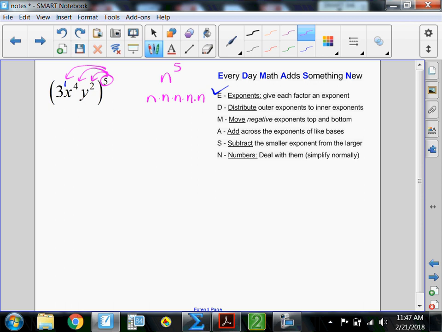It means that there are 5 factors of n being multiplied. So if I have 3 to the first, then it means there's 5 3s being multiplied. X to the fourth is being multiplied 5 times, etc. That's what's going on in that problem.